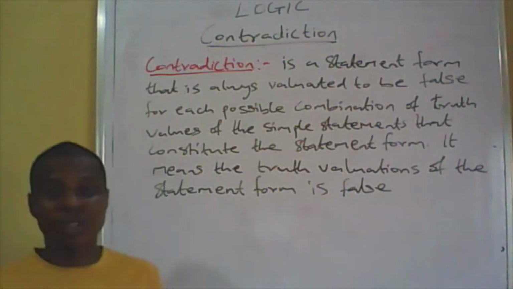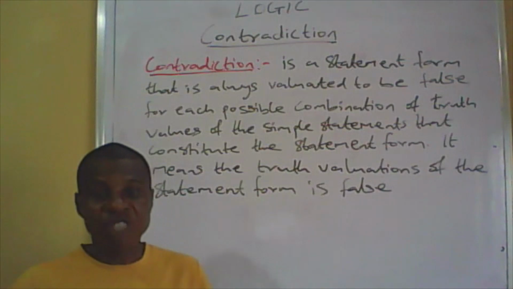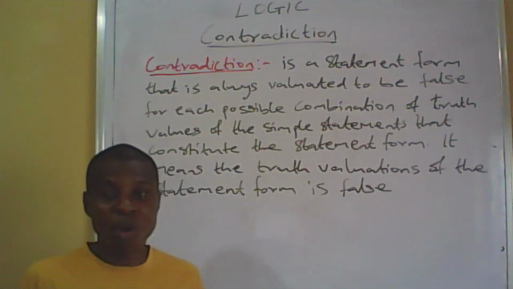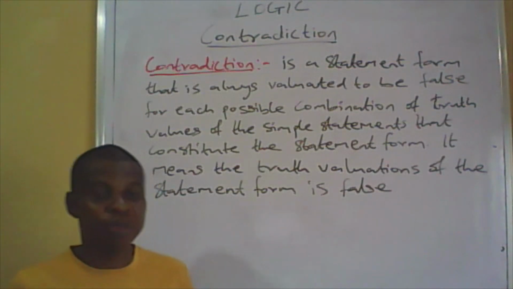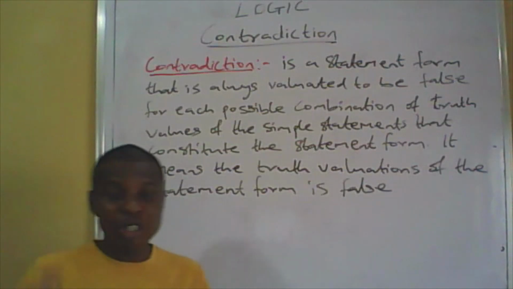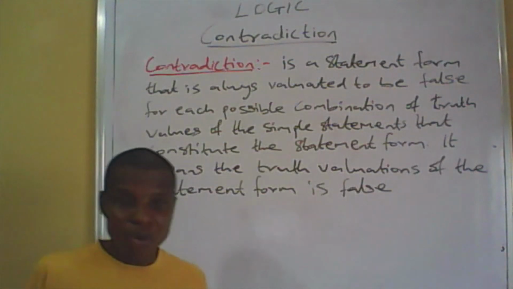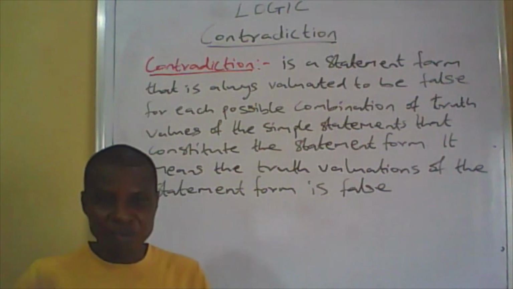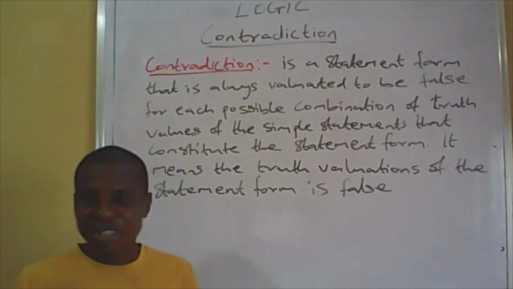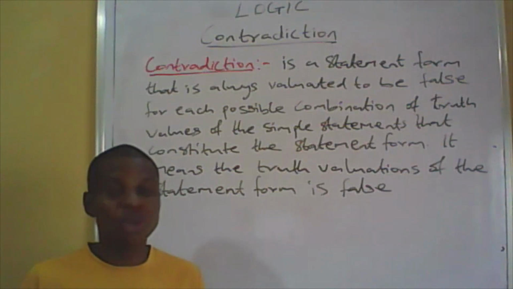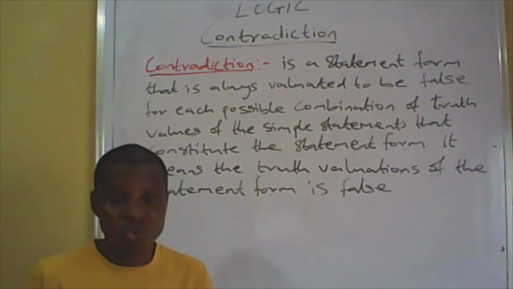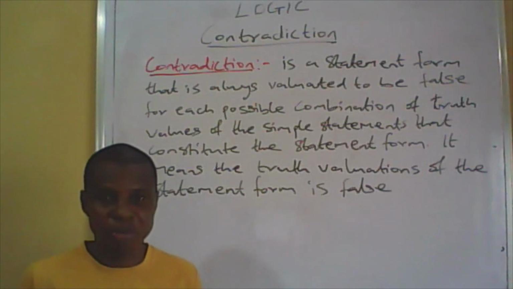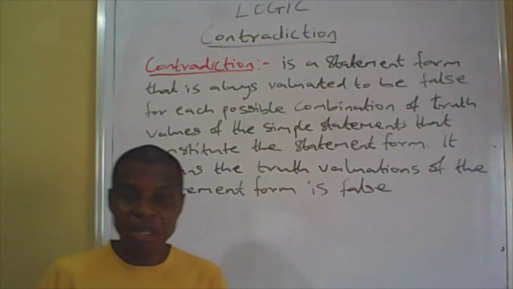That means whenever each simple statement's truth value is evaluated, the statement will be false. There's nothing like truth in the truth valuation of the statement form. It's always false. That's what is meant by contradiction.